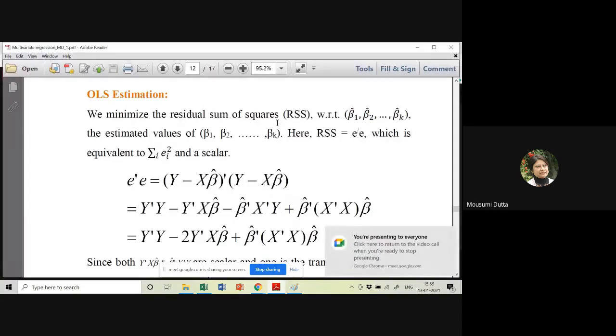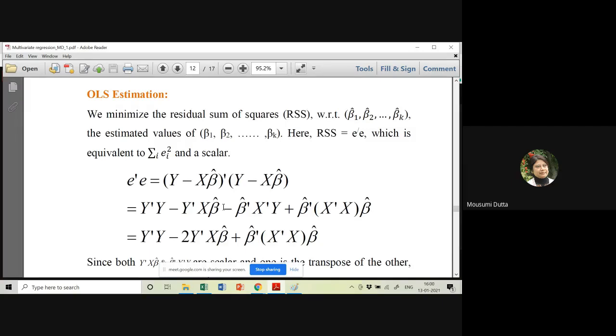So we minimize this RSS with respect to beta 1 hat, beta 2 hat to beta k hat to get the estimated values of the unknown parameters. RSS is e prime e, which is equivalent to summation e_i squared, and a scalar.